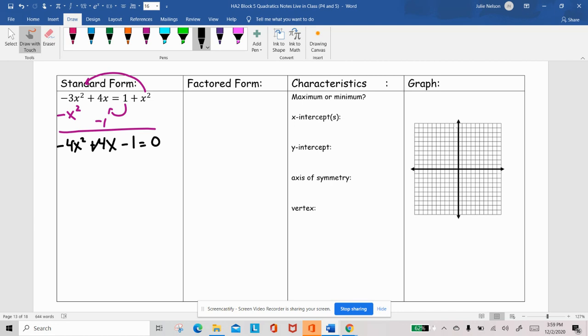Now, I personally do not like starting with the negative. That's one of my pet peeves. So I'm going to factor out a negative, and I'm going to see is there anything else they have in common. And they don't have anything else in common except for a negative 1. So when I factor out a negative 1, factor meaning to divide, I get 4x squared minus 4x plus 1.